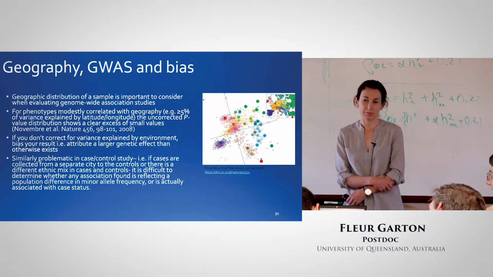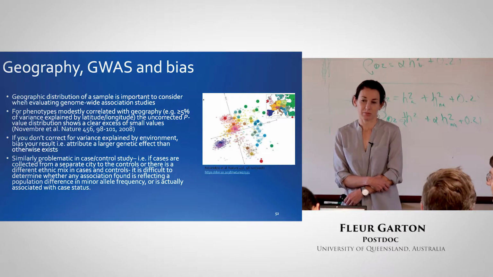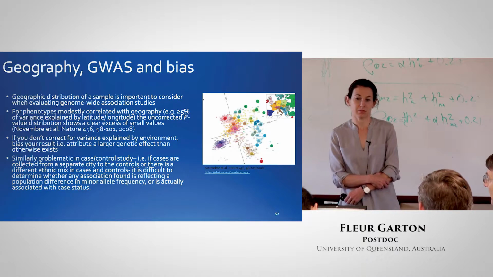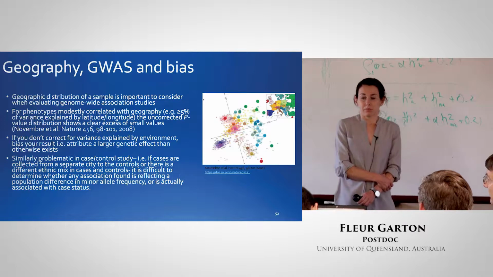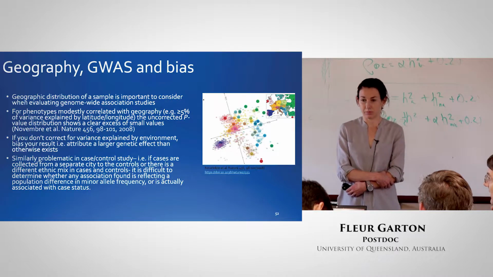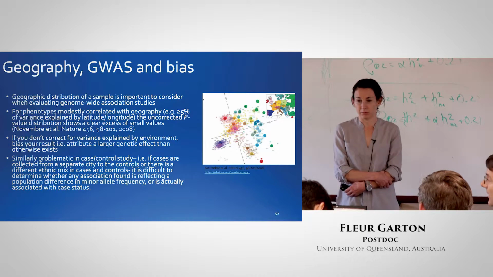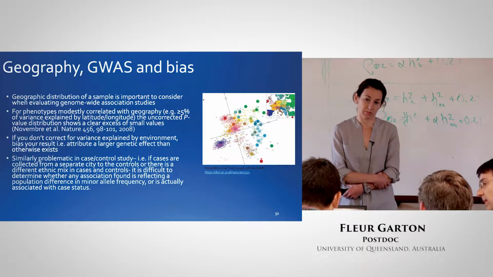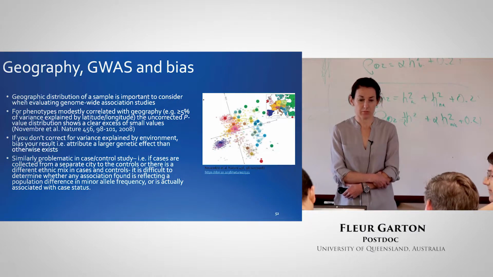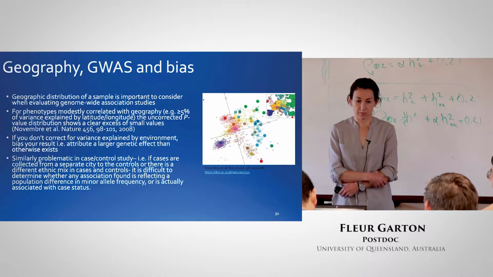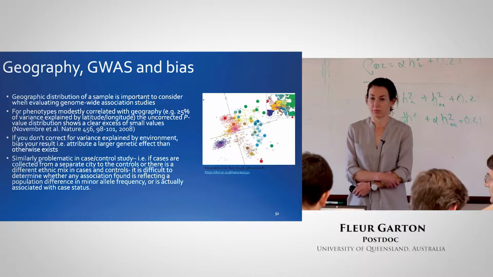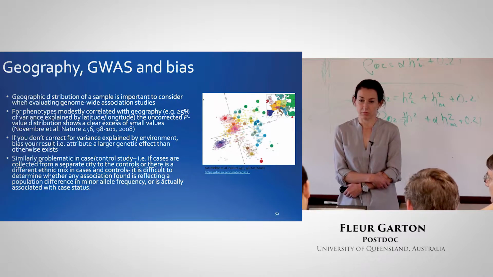So it depends on how you use the PCs. If we just added them as controls, it shouldn't introduce bias in terms of the SNP level effects, but it could reduce power, I suppose. If the PCs are explaining some portion of the variation in the SNPs that you're looking at, then you're going to be less powered to see the effect of that SNP on whatever outcome you're interested in.